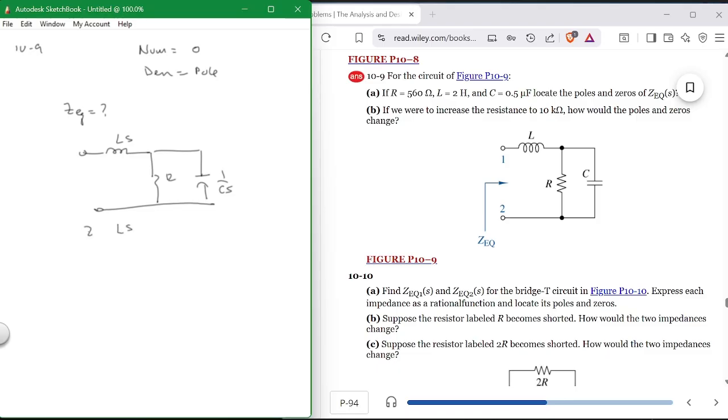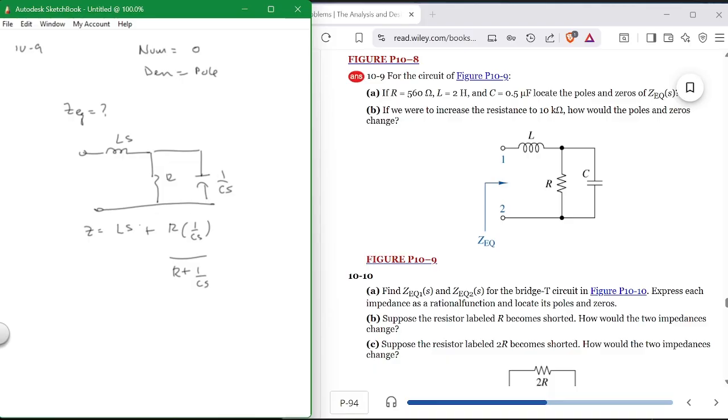It's LS plus R times 1 over CS over R plus 1 over CS. All right? And that's it. Now, when they ask for the poles and the zeros, it's where the numerator goes to 0 and where the denominator goes to 0.